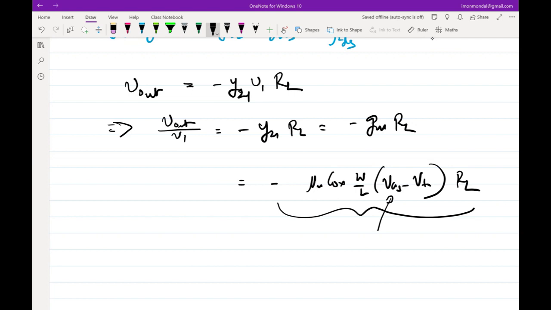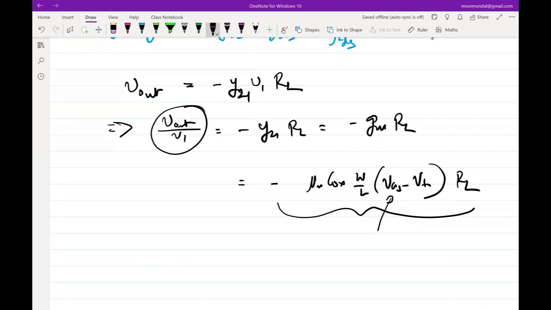But the relationship, this V out over V1, is incremental. The small V out, small V1 or small V in, is incremental. By using this equation, we have been able to relate the incremental gain with quiescent conditions, right?